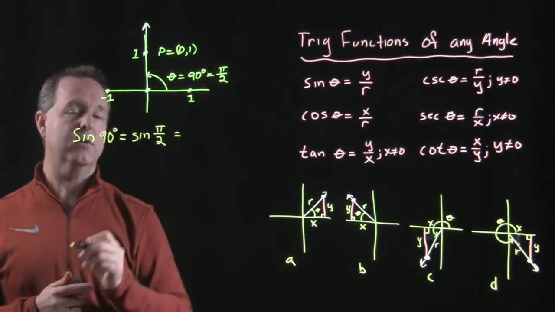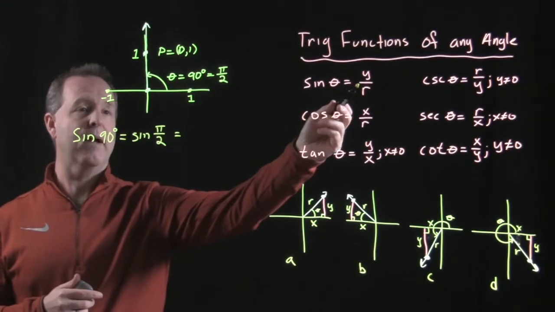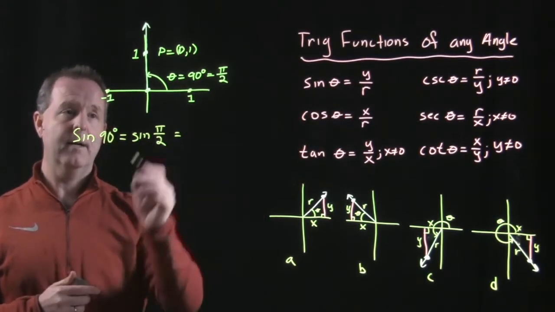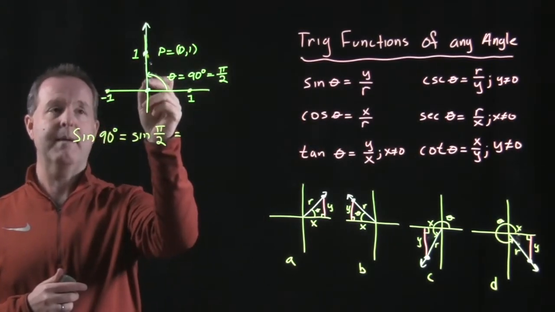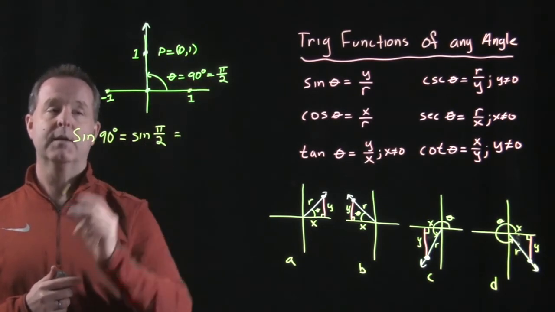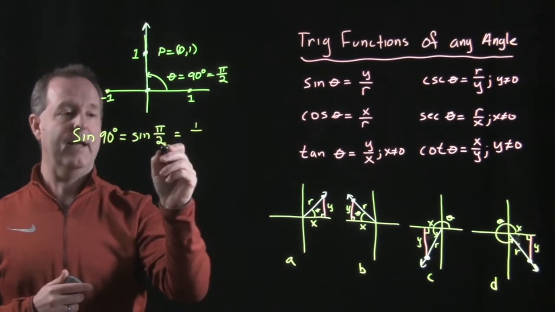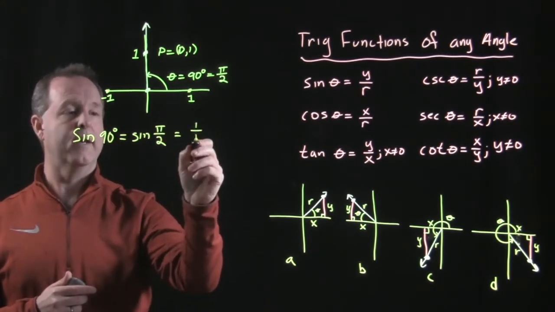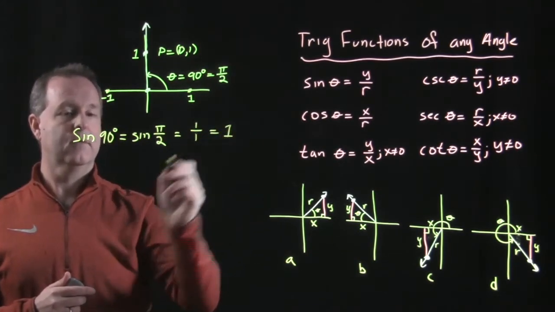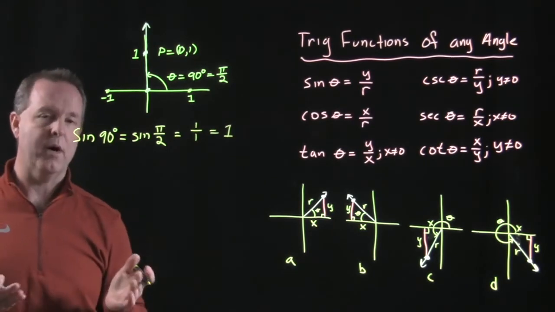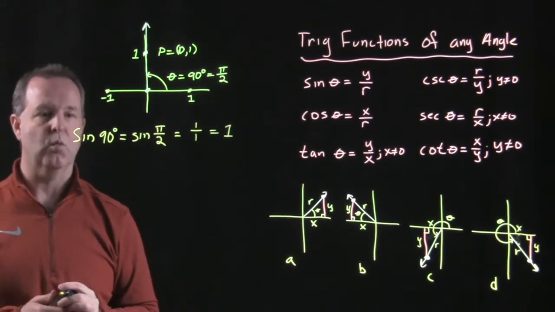And so that equals, sine again was defined as my y value over my r. My y value, notice that my point is 0 and 1. So my y value is a 1, and my r value is also a 1. So the sine of 90 degrees is 1, or the sine of pi halves is 1.